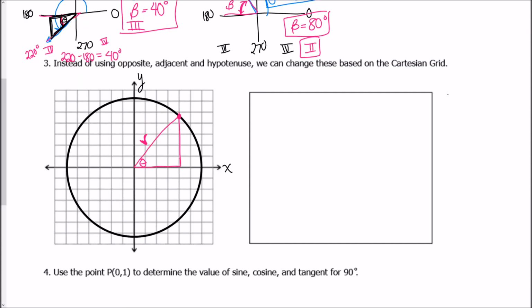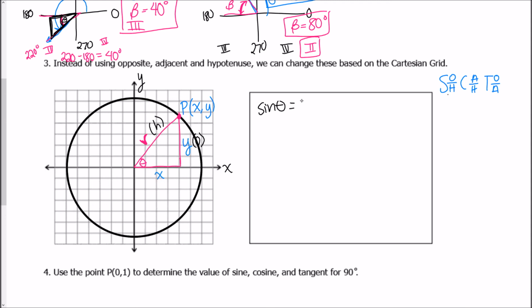Okay, now the next thing that's really important for you guys to understand is it always goes through a point on the circumference of your circle, and that point always has a coordinate x comma y. Now the x value is always going to be the bottom part of your triangle, and the y value is always going to be the height of your triangle. So instead of using SOHCAHTOA, we are going to say that the sine of theta on the Cartesian grid is always the opposite over the hypotenuse.